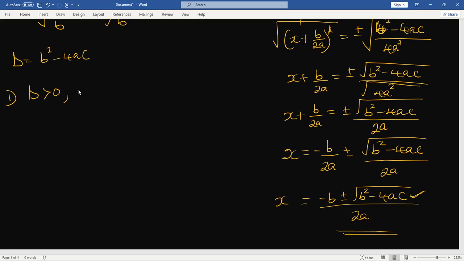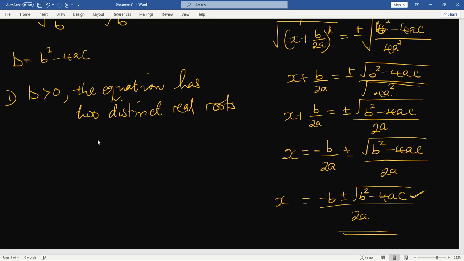So here we say the equation has two distinct real roots. So if the discriminant is greater than 0, then the equation has two distinct real roots.